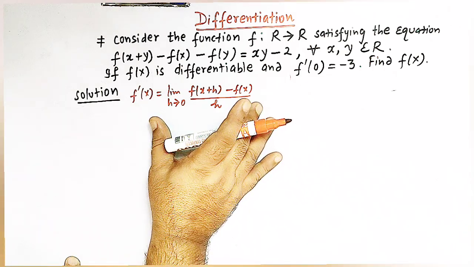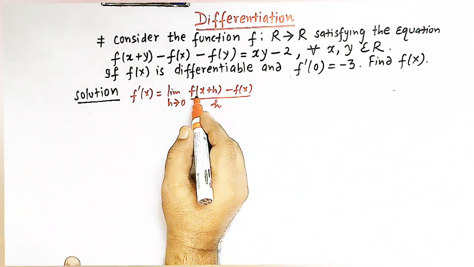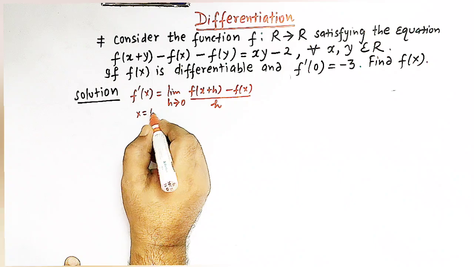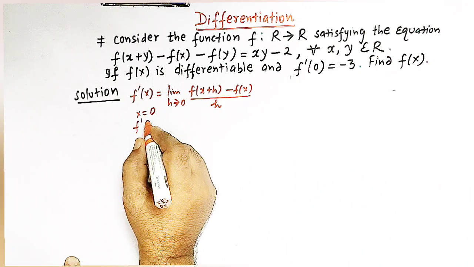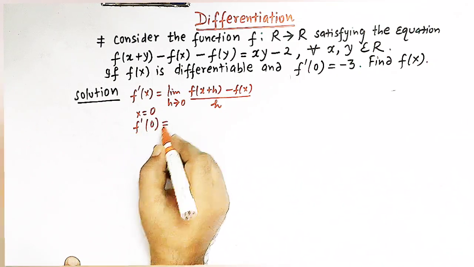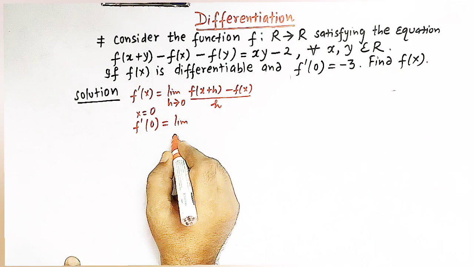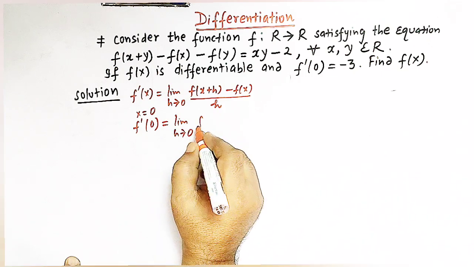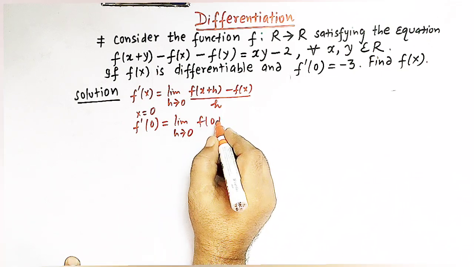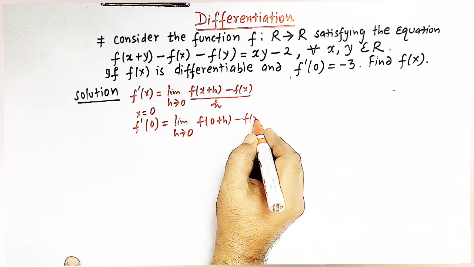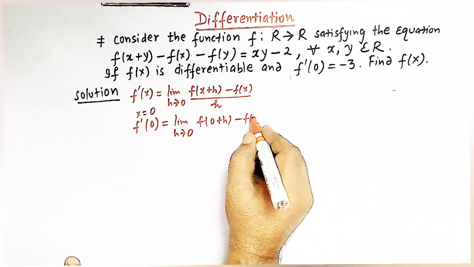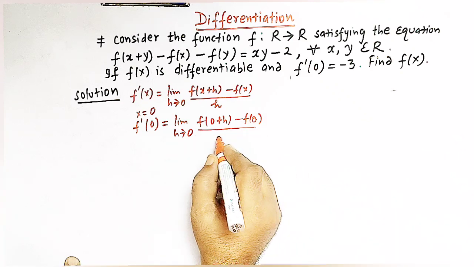Okay, so now here if we take x is equal to 0, then we have f prime of 0 is equal to the limit h tends to 0, f of 0 plus h minus f of 0, and then here we have h.